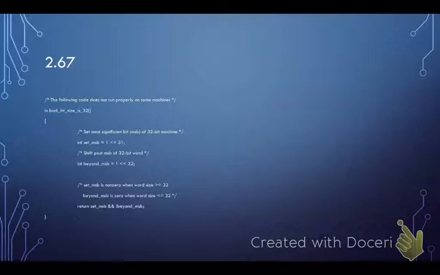So, in a nutshell, the problem that we have here is that the behavior on a 32-bit machine when we do a 32-bit shift to the left is undefined. And that's not without cause. There are different ways of interpreting intent when someone is trying to shift at or beyond the word length on a particular machine.